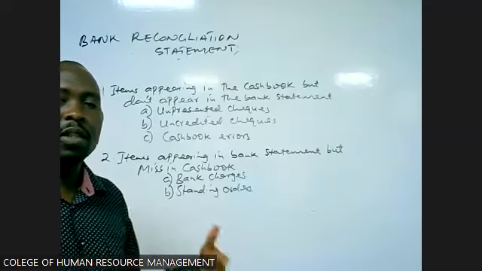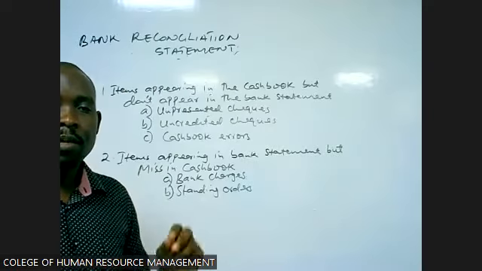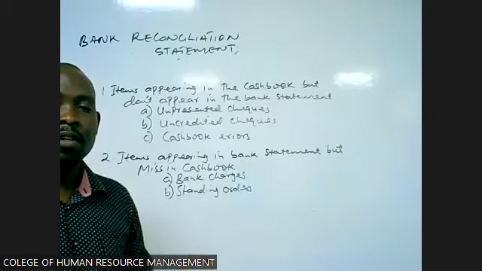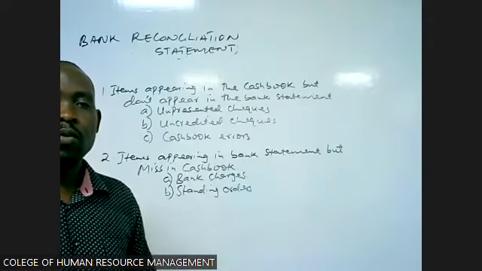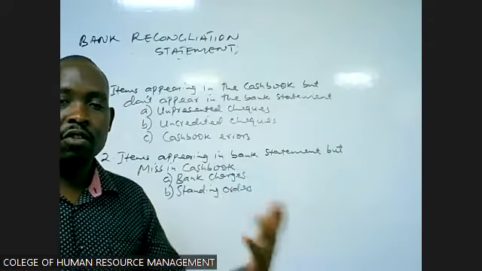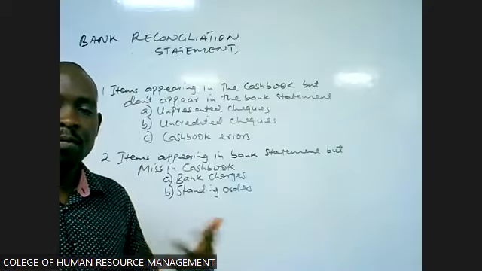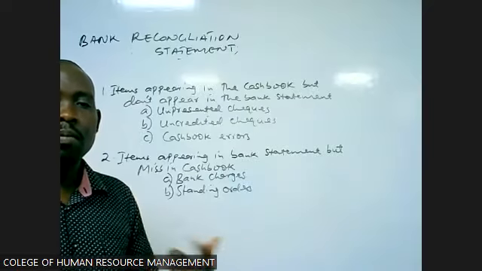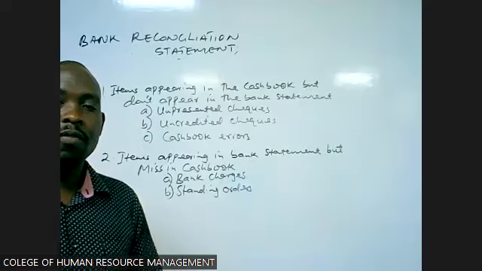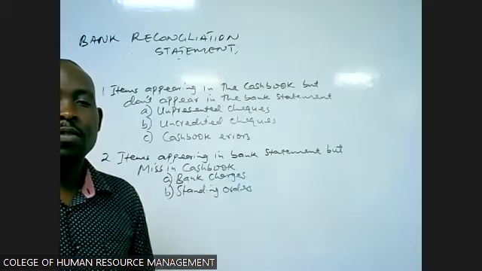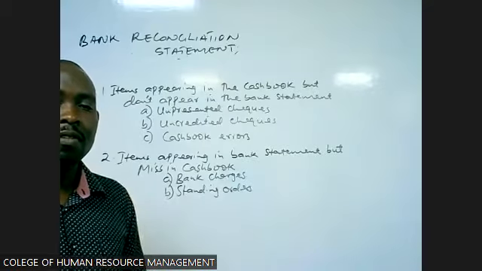It cannot be something that keeps on fluctuating. It must be a constant amount, and it is payable within a constant interval, especially when you have something like insurance, savings, or something like that. If you are paying those premiums, you can issue a standing order. Each month, you'll be deducting 5,000 from my account, and that money is transferred to the insurance account. That is a standing order.